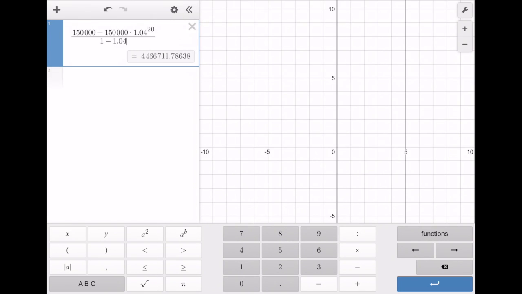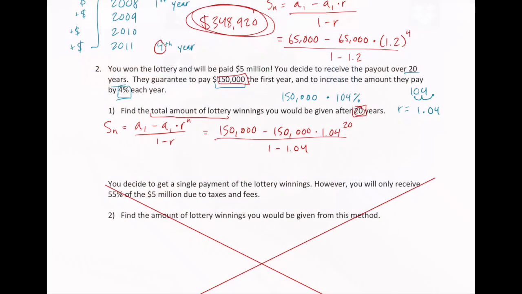All right, so this is telling us that after 20 years, all of the payments they made to us every year would have added up to $4,466,711 with about 79 cents.